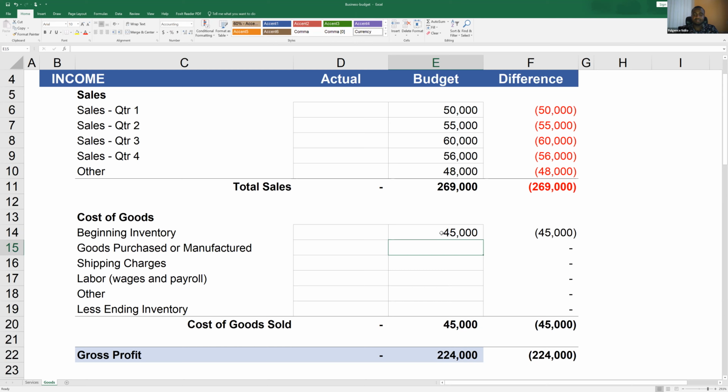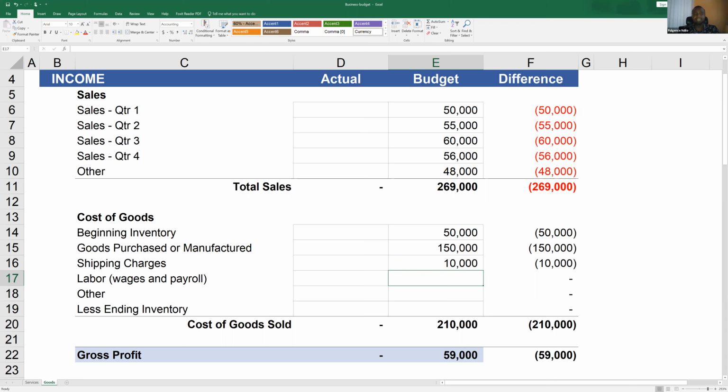Yes. Then we purchased some more cars equivalent to 150. This one we can say 50, right? Then shipping charges included. So we can say our shipping charges is $10,000, right?